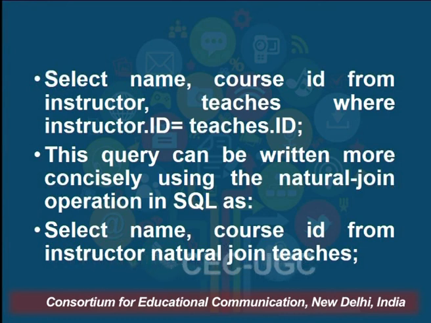Both the queries, the first and the last, are going to give me the same result, but the second one, written with the help of natural join, seems more concise, because natural join itself incorporates the condition of the common attribute, which is ID, and it operates on the common values of the attribute ID.